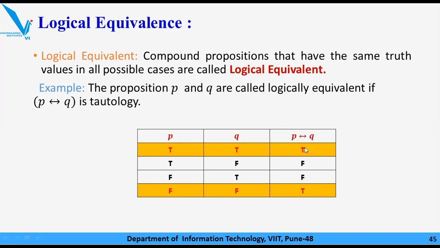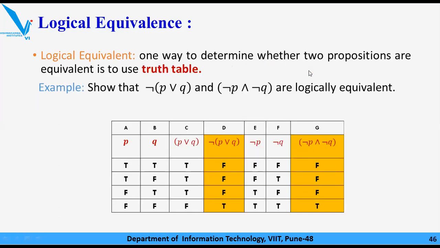So what are the cases? Here in this case it is true, and here in this case it is true. So these true values come when p and q are logically equivalent. This example suggests that p and q are logically equivalent if p bidirectional q is a tautology. So this is logical equivalence.